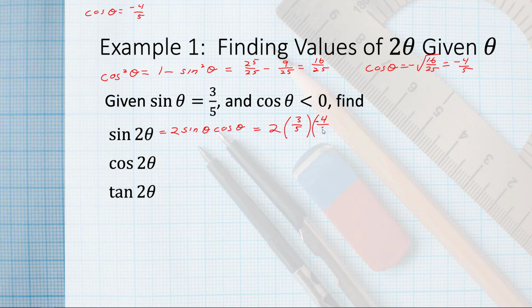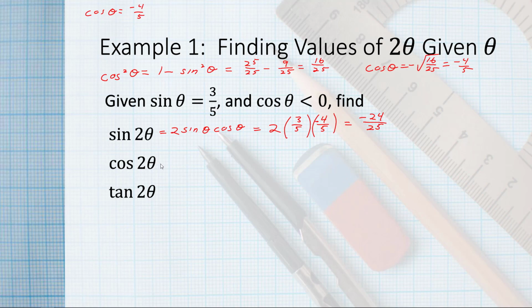Almost forgot the negative sign there. And that will be equal to, well, 2 times 3 is 6, times negative 4 is negative 24 over 25. And there we go.